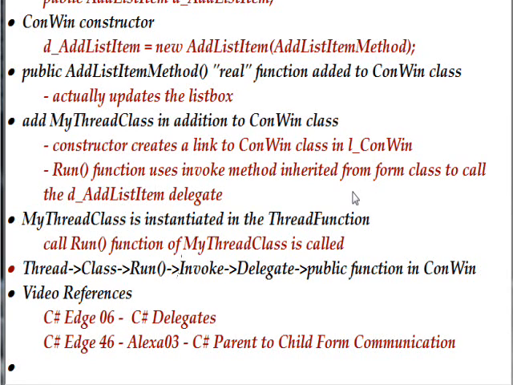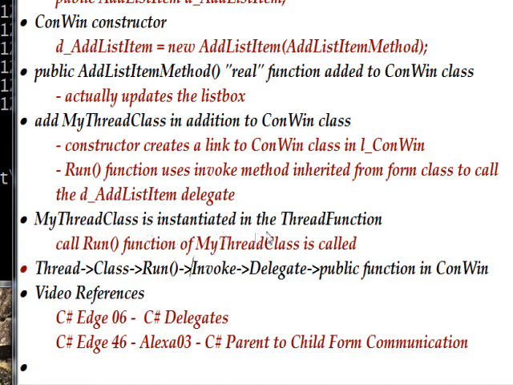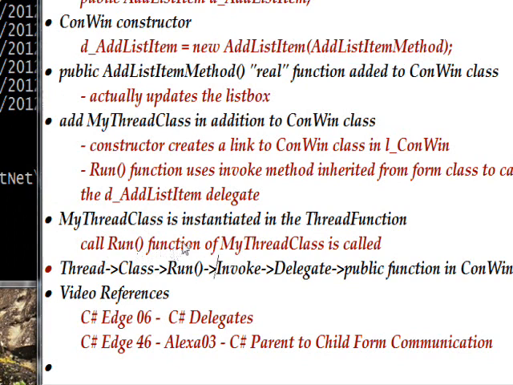And so in the button event handler, when we create the thread, the MyThread class is instantiated in the thread function, which is the actual code of the thread. And then once it's instantiated, the Run function of the MyThread class is called directly.